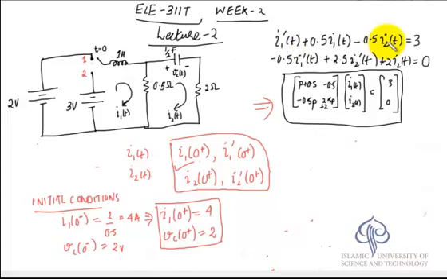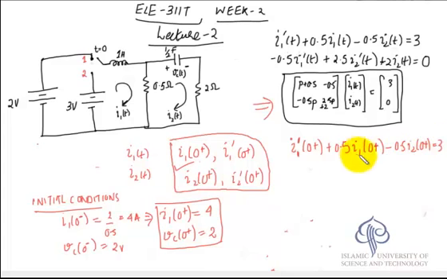Let us write down the first differential equation for the 0 plus condition. So you have I1 dash 0 plus plus 0.5 I1 0 plus minus 0.5 I2 0 plus is equal to 3.